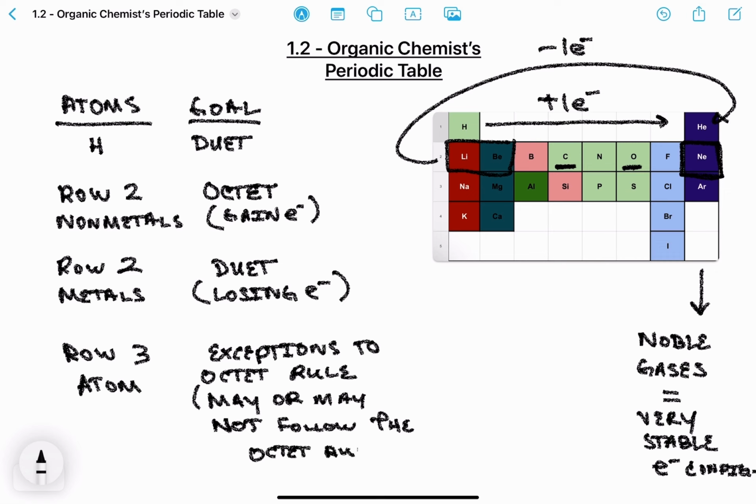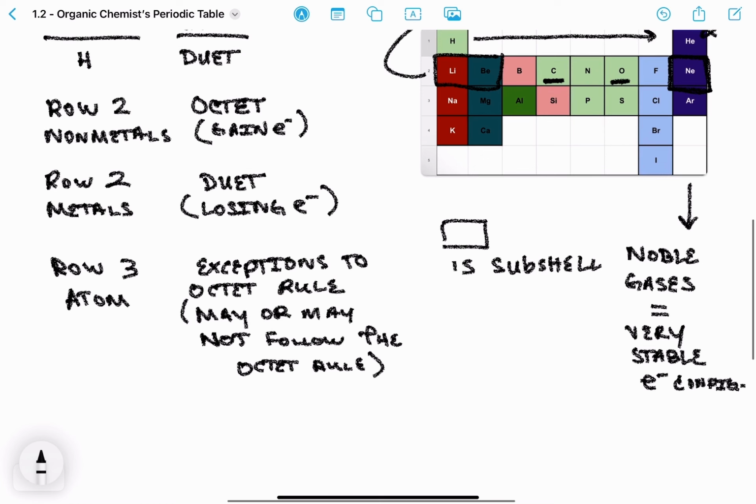Now, the reason for that is because row 1 atoms, so hydrogen as an example, have a 1s subshell. Row 2 atoms have 2p subshells. So this is row 2, that's row 1.